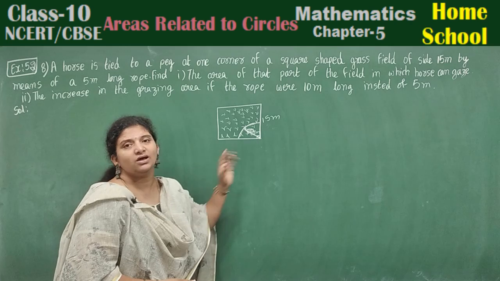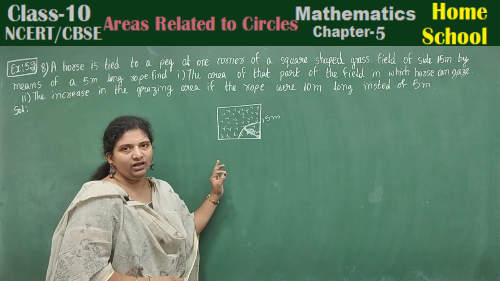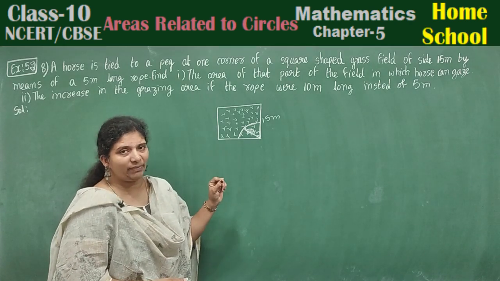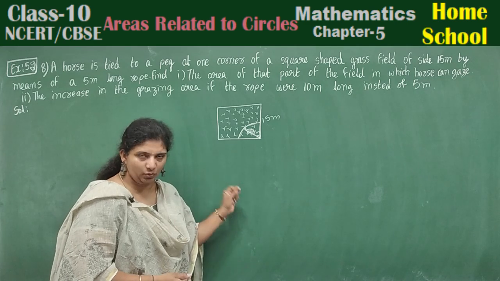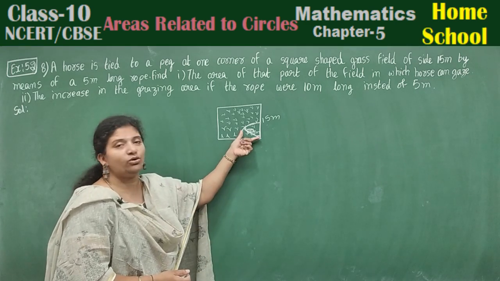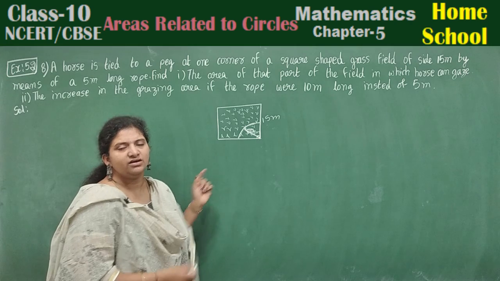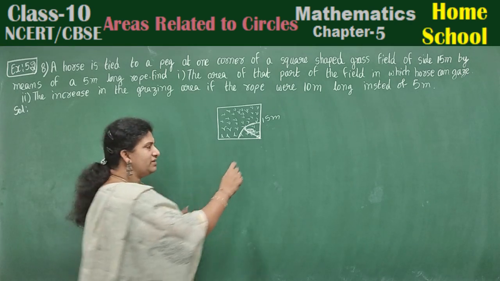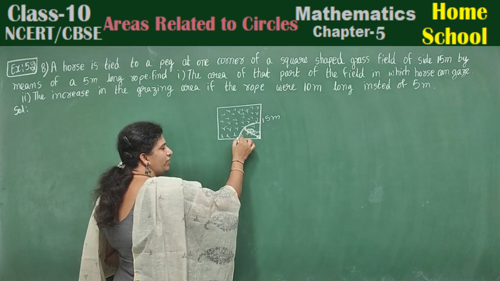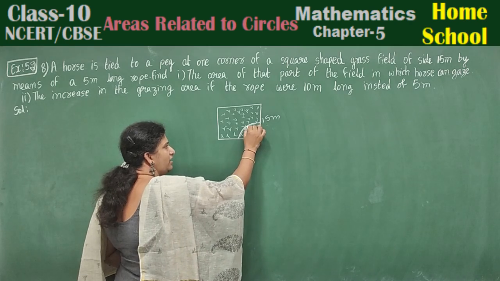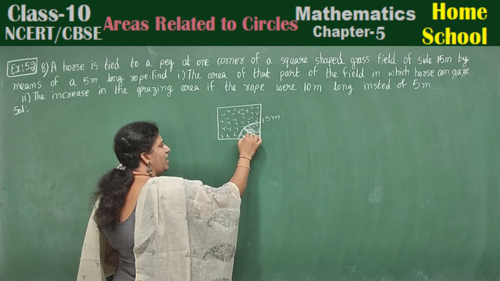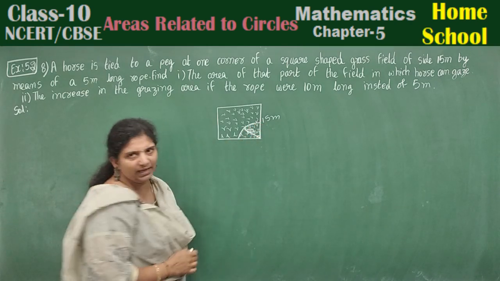So this is a quadrant. When a horse is tied to a peg at one corner of a square, having rope length 5 meters, it can move from this corner to this corner. So this much area the horse can graze.